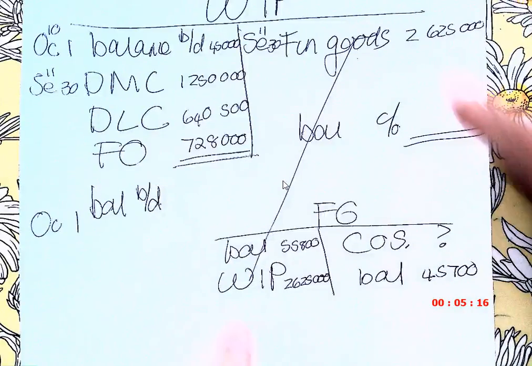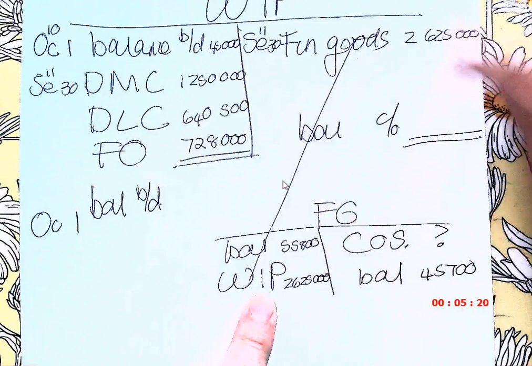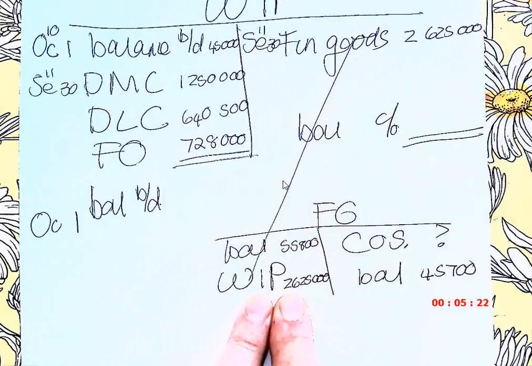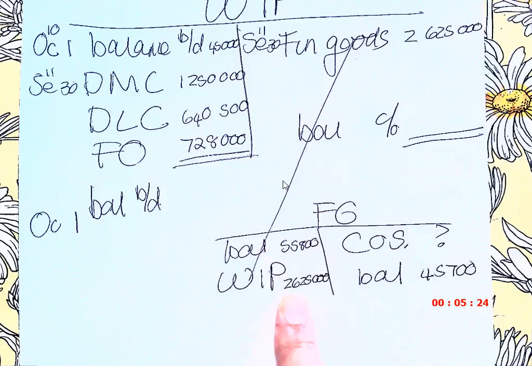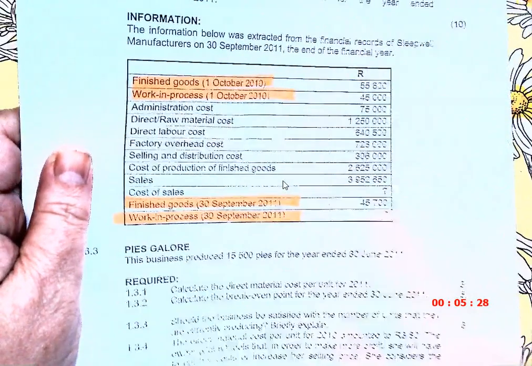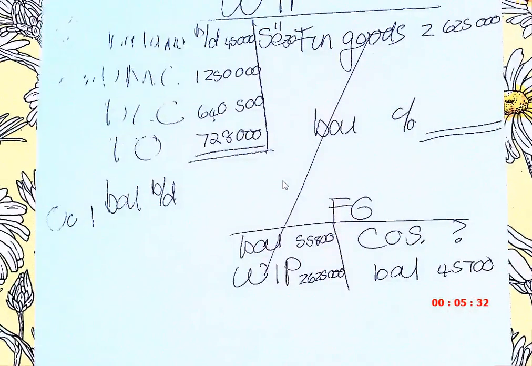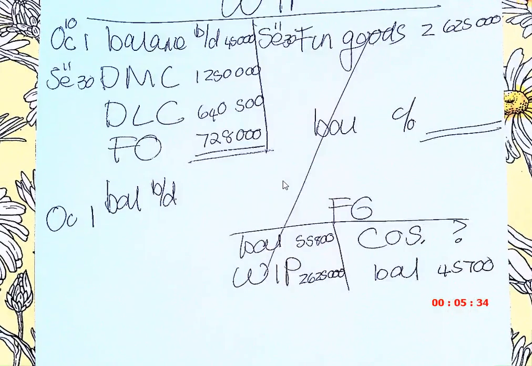So can you see it's that one? It's the finished goods there that goes there. And then the finished goods here at the end is the finished goods that's still unsold at the end of this year. So it's about your stock. Remember, the balances they give you are for the 3 stock accounts.